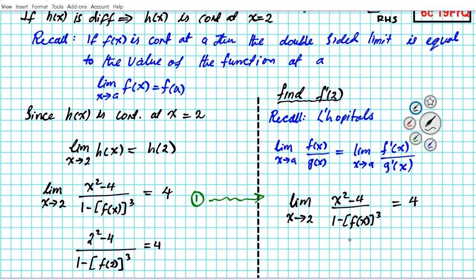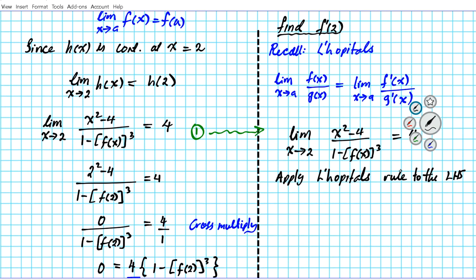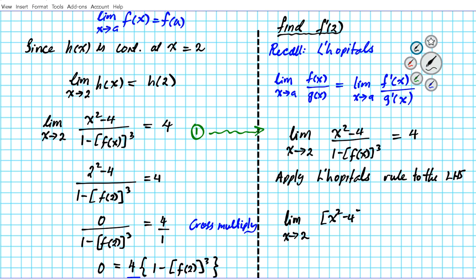Now if we apply L'Hopital's rule to the left-hand side, of course, since L'Hopital's rule only applies to limits of quotients, this entire thing is the same as the limit as x approaches 2 of the derivative of x squared minus 4 divided by the derivative of the denominator, 1 minus the quantity f of x to the third.